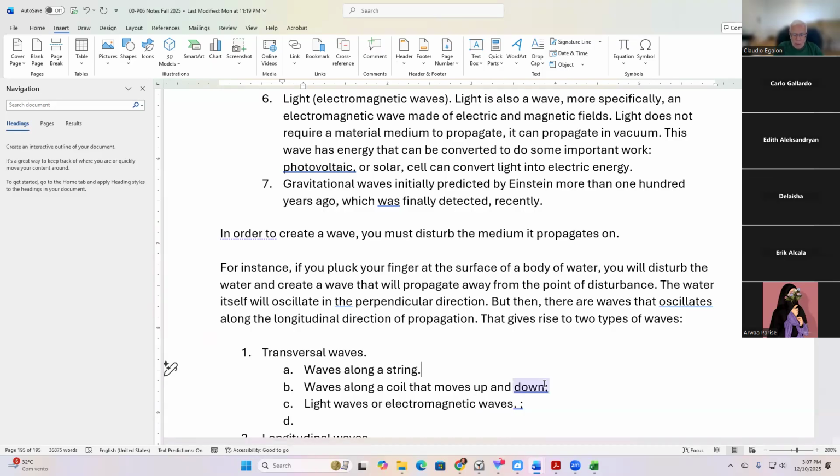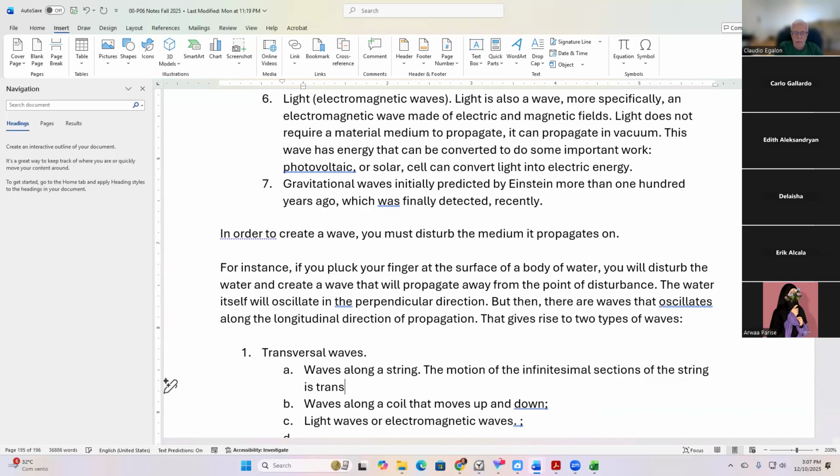So for waves along the string, the motion of the infinitesimal masses, infinitesimal sections of the string, is transversal to the direction of propagation of the wave.